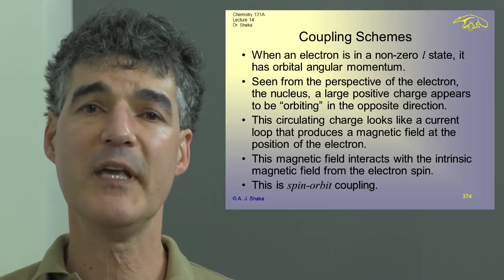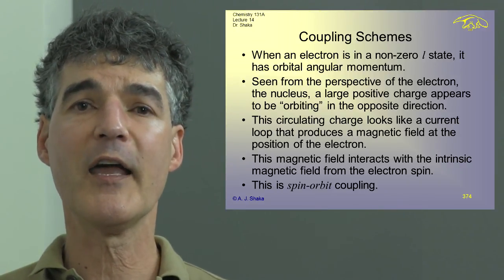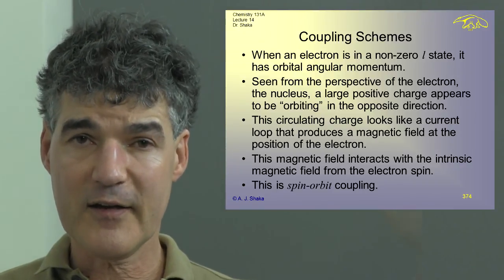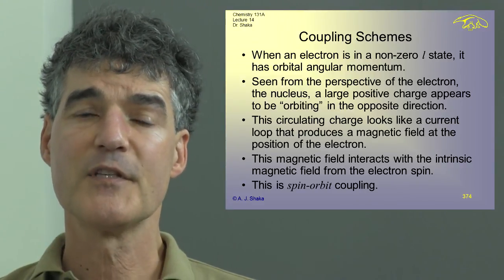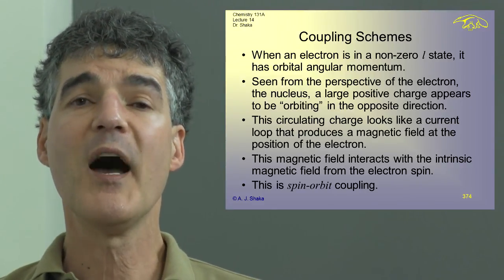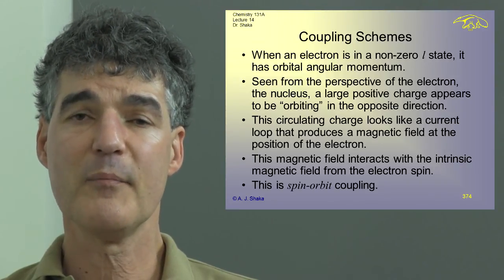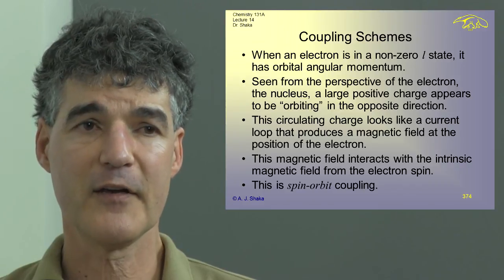1 Tesla would be the kind of magnetic field that if you went in for an MRI in a whole body scanner and you had a state-of-the-art annular superconducting magnet, you might have 1 Tesla in there. And it's very much bigger, of course, than any kind of normal magnet that you would ever find.